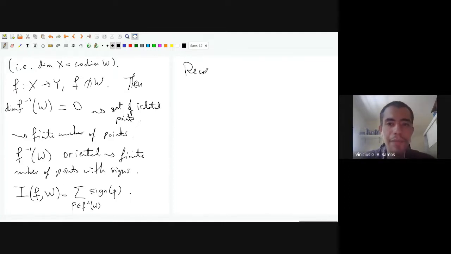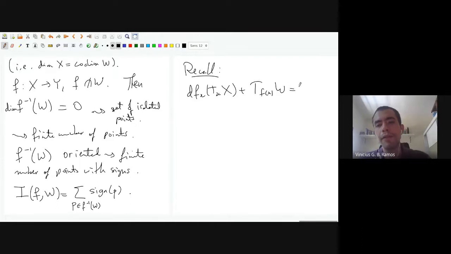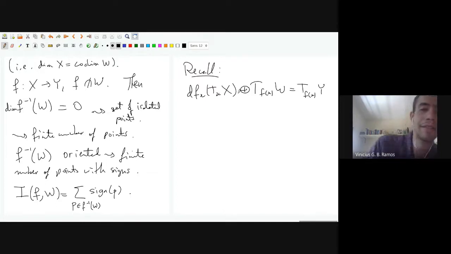Basically, we just have that df_x of T_xX plus the tangent space of W equals T_f(x)Y, and because of the dimension count, this is the direct sum. This is the normal bundle because the tangent space to the points is just 0.